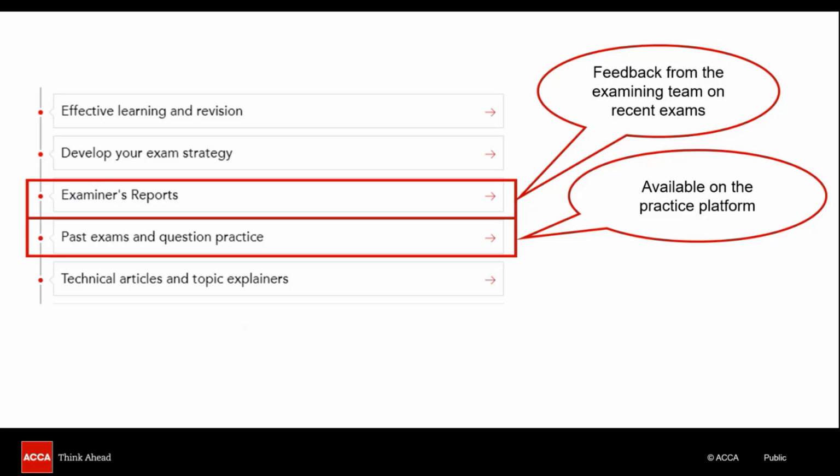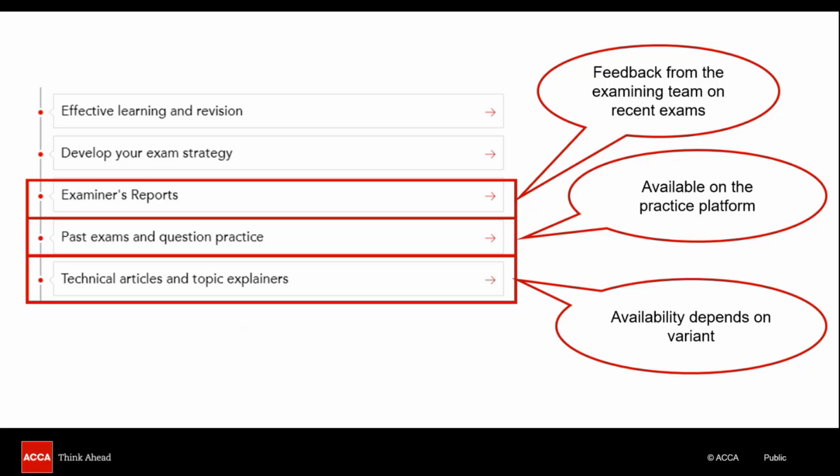Using past questions is crucial to your exam preparation, as it shows you the style of questions and the level of detail which will be examined using the same computer-based exam platform as your real exam. Note, these exams are not updated, so the rates and allowances and rules may be different to the exam for which you are preparing. There's also a range of variant-specific technical and study support articles to help you approach your exam.